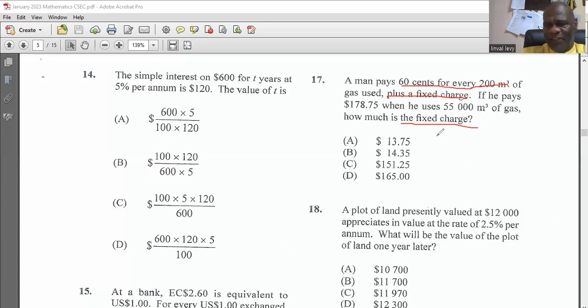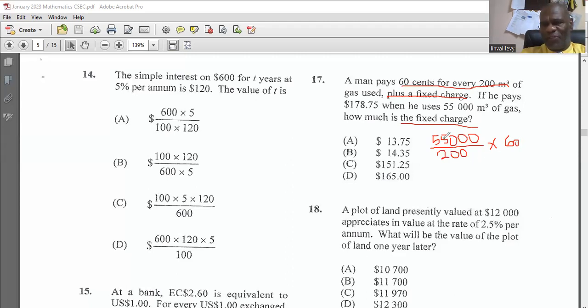So if I divide 55,000 by 200, that will tell me how many 60 cents I'm going to pay. And whatever I get here, we multiply that by 60. Right? Because it says it is 60 cents for every 200 meters cube of gas. Good.